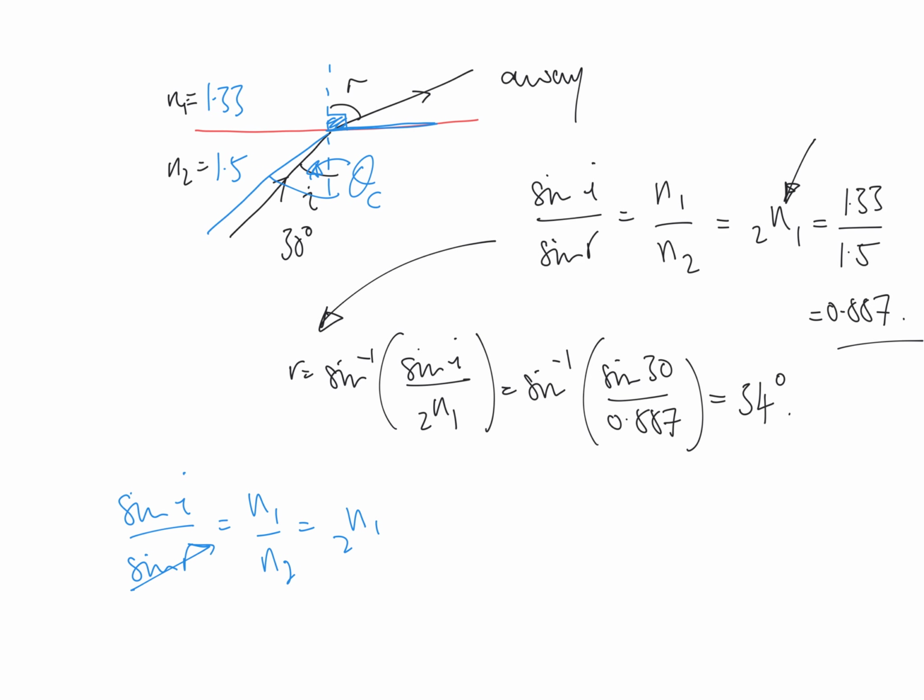So therefore this tends to 1 because it's a 90 degree angle, and sine 90 is 1, so we can get rid of that. And at that point this therefore becomes the critical angle. So what do we need to do? Well, therefore theta critical is sine to the minus 1 of 0.887, giving us 62.5.